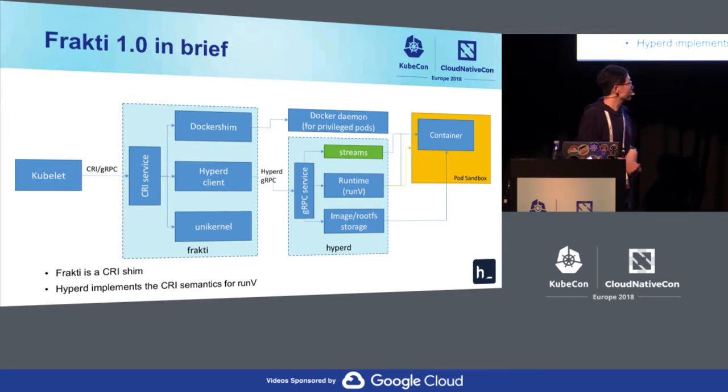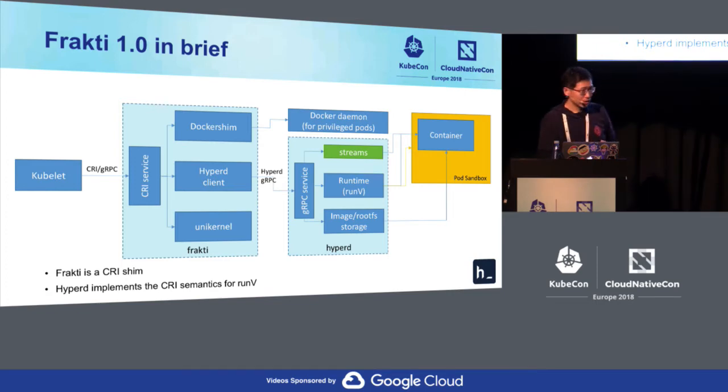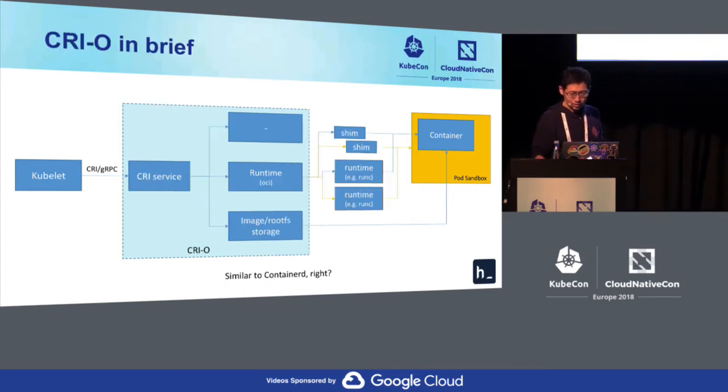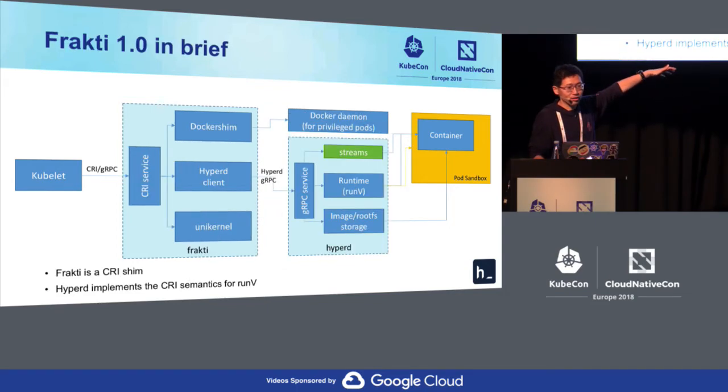The difference is they don't use a tool like a runtime through the command line. Instead, they call it from the library interface. So there are no shims for each process, and this is the most different part.